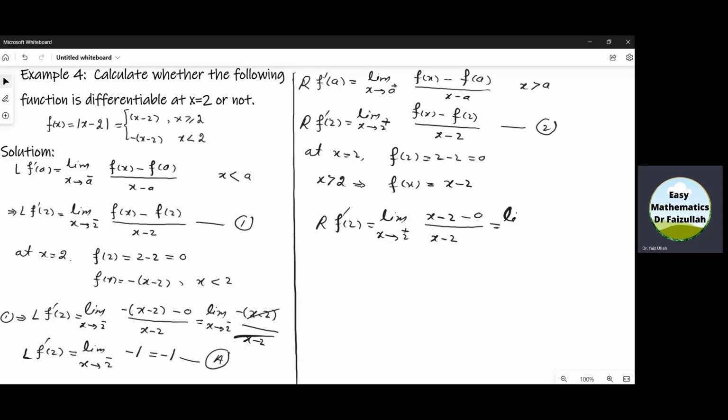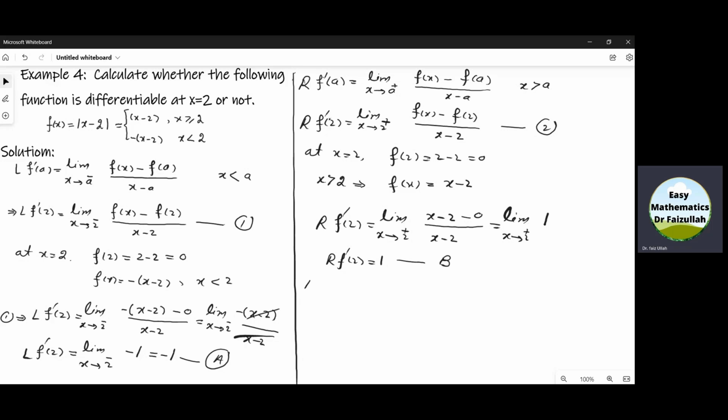And from this, x minus 2 will cancel with x minus 2, so we get 1 here. So we can see that R f dash of 2 is equal to 1. Let us call this B.